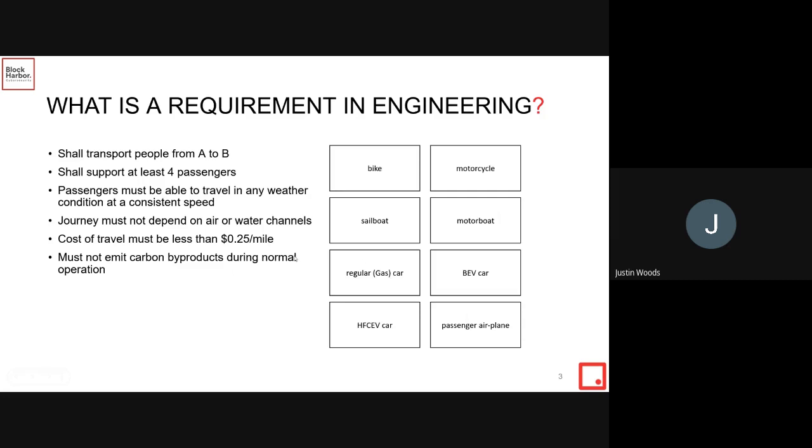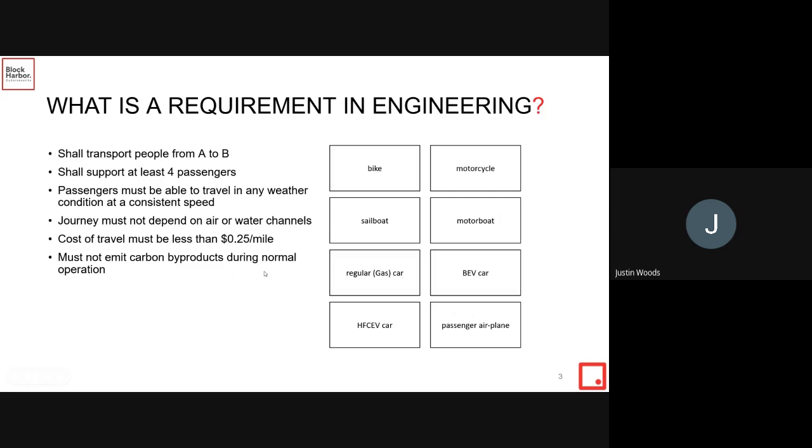So the cost of travel per mile is going to eliminate the passenger airplane again, while we also have air not being allowed. For the gas car here, the cost of travel might be a little high in terms of fuel, but we also want to not have carbon byproducts.